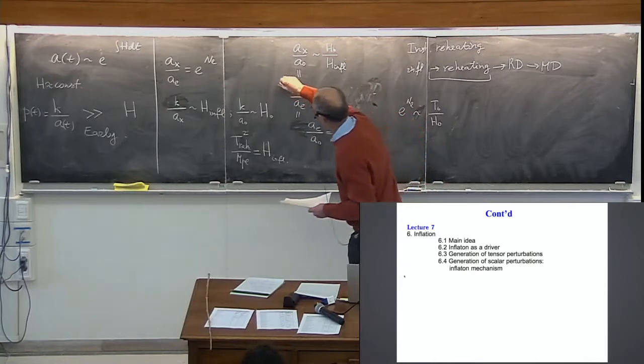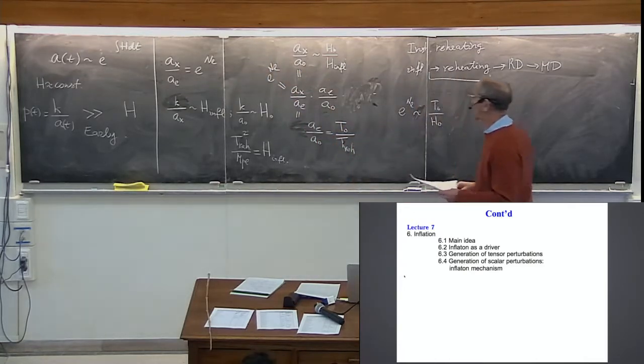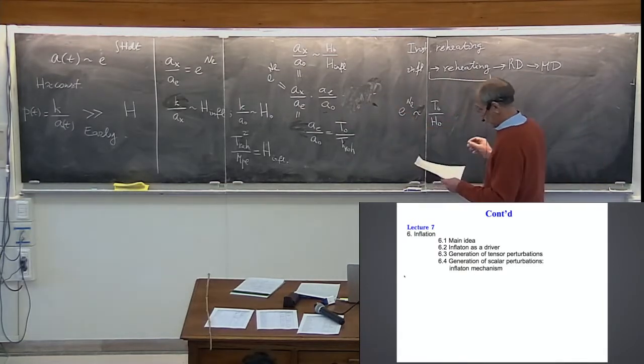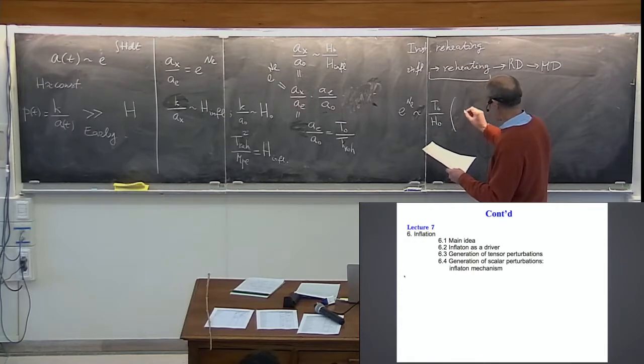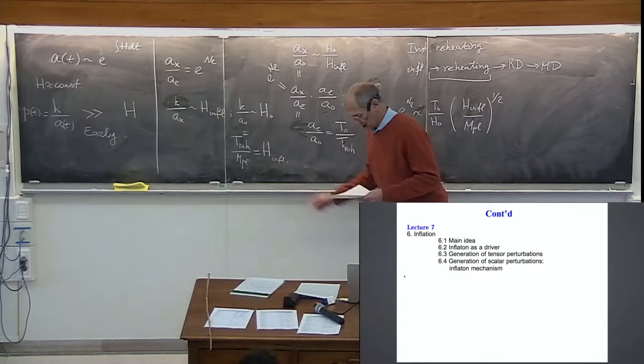This is e to the number of e-foldings, and this ratio I estimate in this fashion. So here is temperature over the Hubble parameter times the square root of the inflationary Hubble parameter over 2 m Planck. Okay, that comes from the reheating temperature.